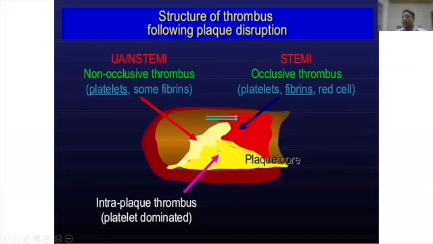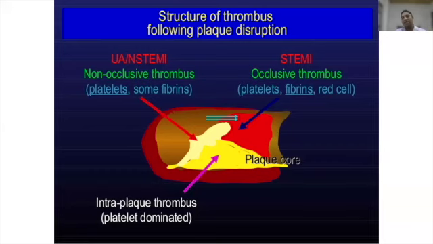So here I'd like to introduce a term to you, TIMI flow. TIMI 3 flow means you are having a normal flow across your artery. TIMI 0 flow means, like in a STEMI patient, you have no flow across the plaque, there's no flow after the occlusion.